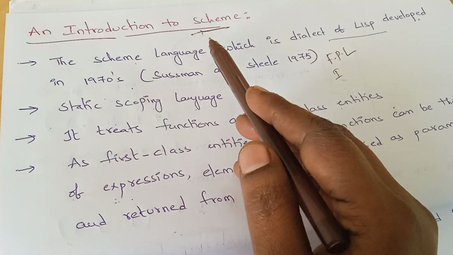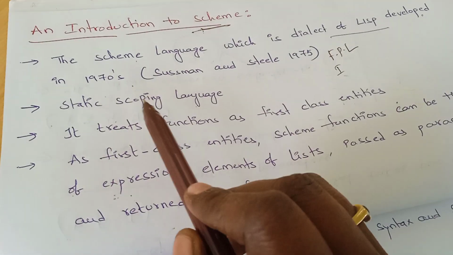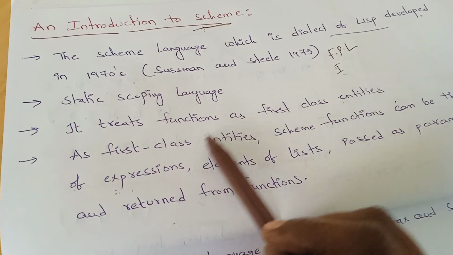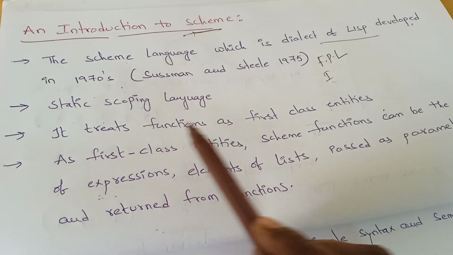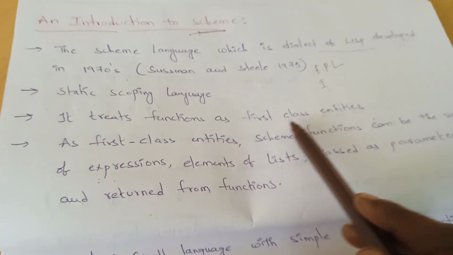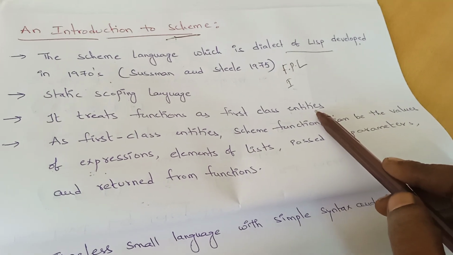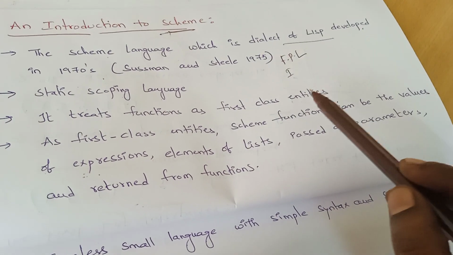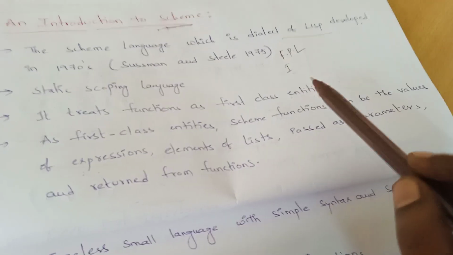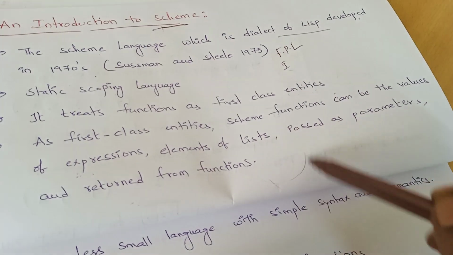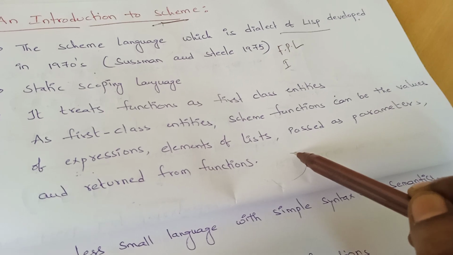So Scheme is what kind of language? It is a static scoping programming language, and it treats functions as first class entities. What do you mean by first class entities?